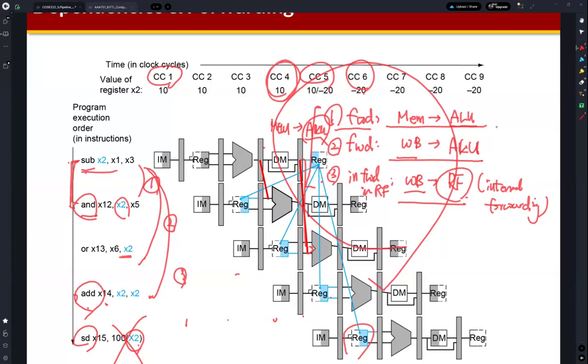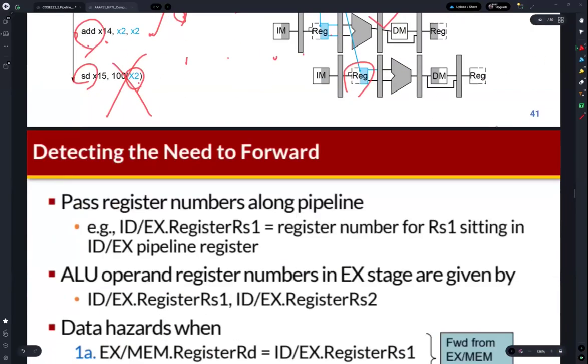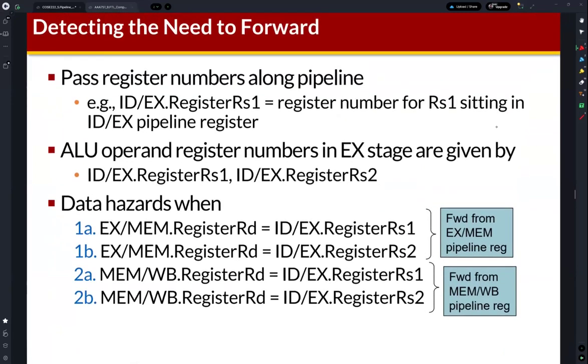Then we will learn how to design and implement this data forwarding in the pipeline architecture, right? So how can we implement the data forwarding in the pipeline architecture? What is required?